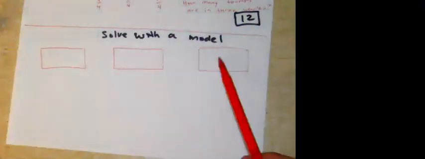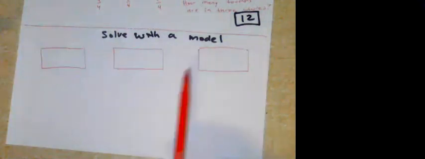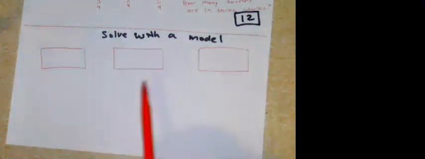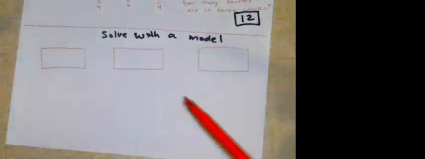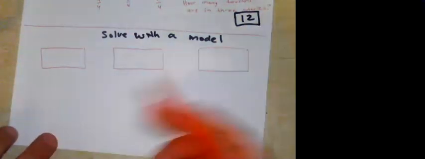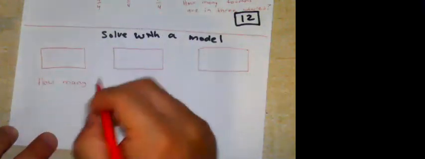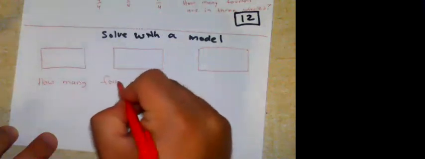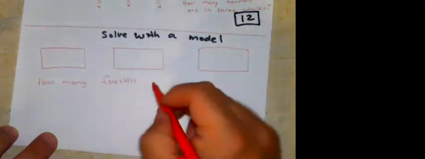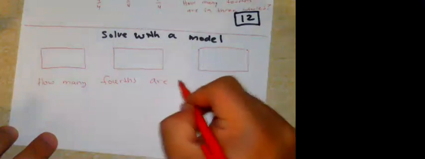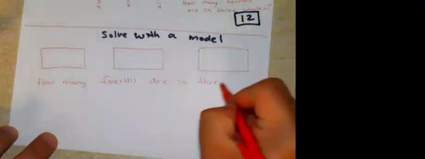So we can all agree that these are 3 wholes. Okay, we have 3 wholes here, and we're going to divide them into fourths. So the question still is, how many fourths are in 3 wholes?